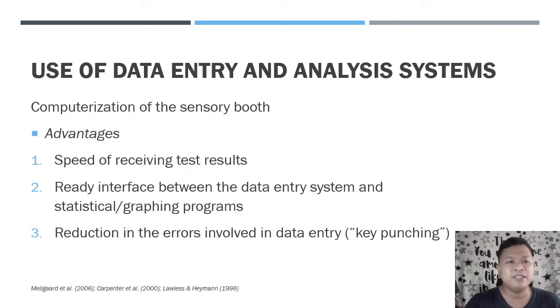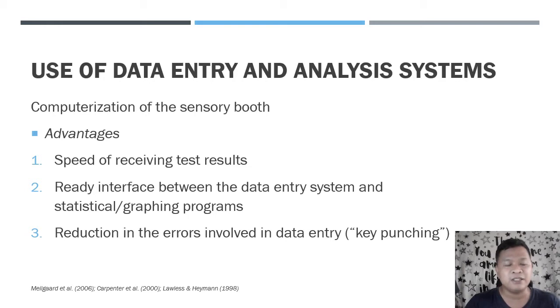So as you may have seen in the previous videos, there are instances wherein in the sensory evaluation booth you have either something like a desktop or a touchscreen interface. And in those cases, the data is automatically collected, much in the same way that data is collected when, say, you have a Google form of some sort.